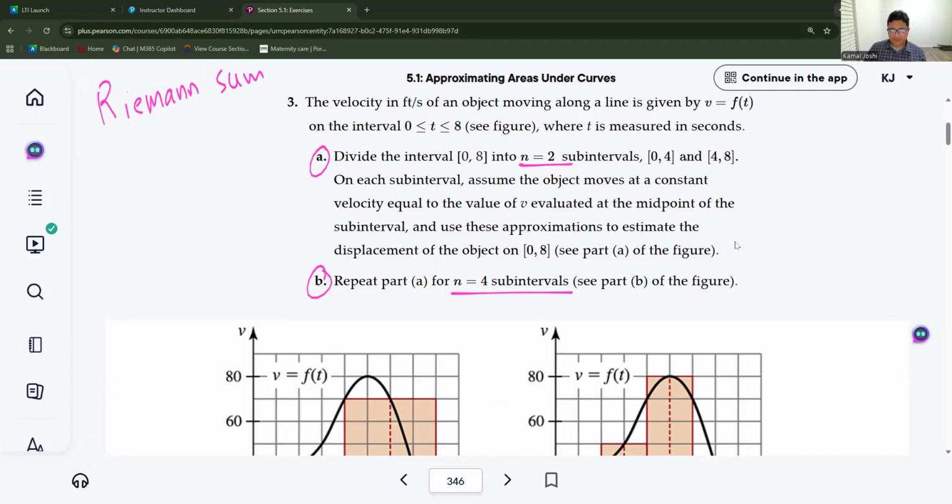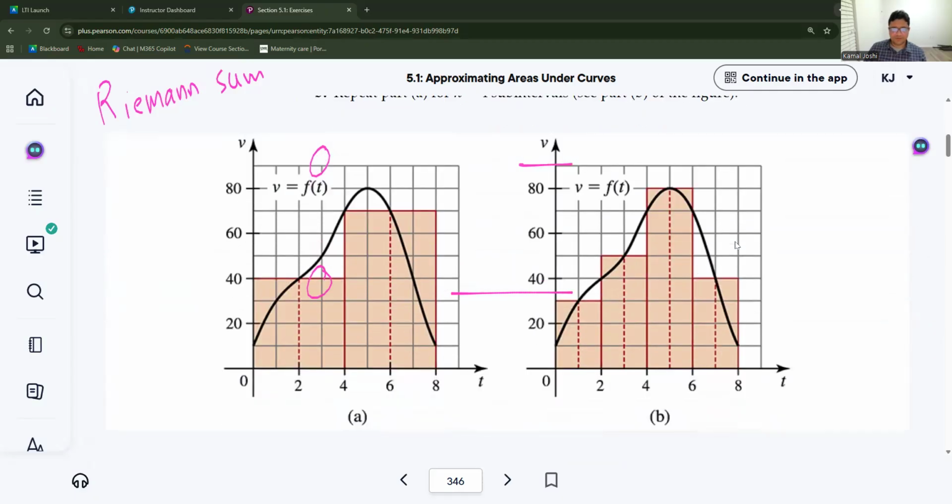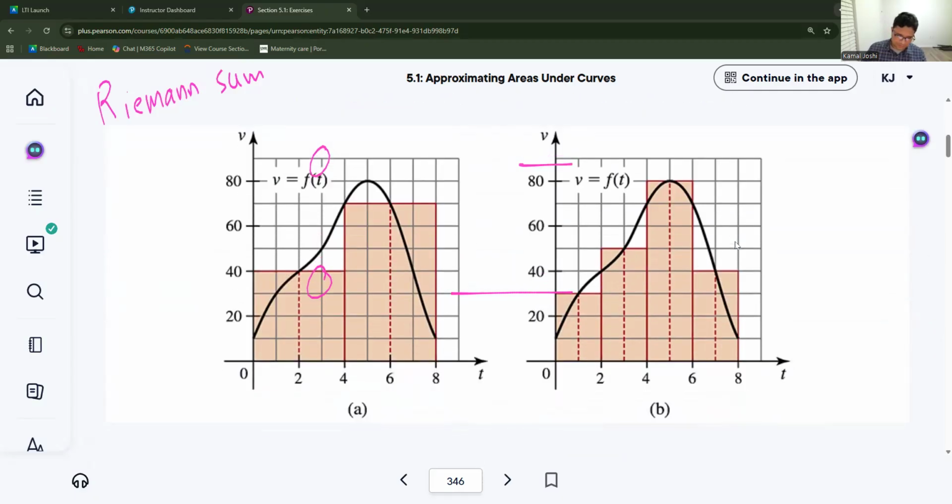Let me scroll down. Okay. So the diagram is already given to us here, and a lot of work has been made easier for us in this problem. Later we will do other problems where we will do this ourselves.